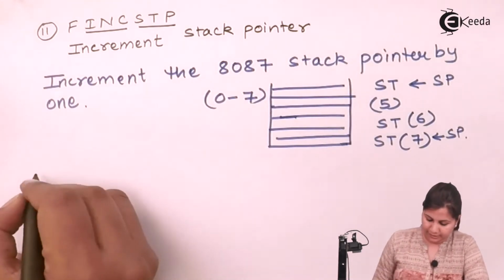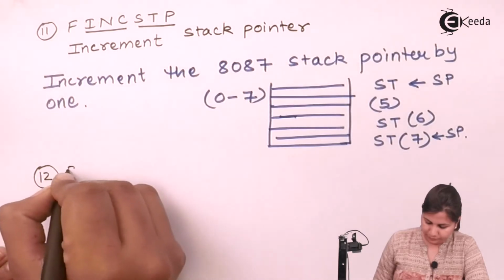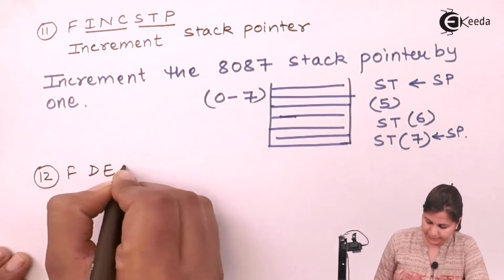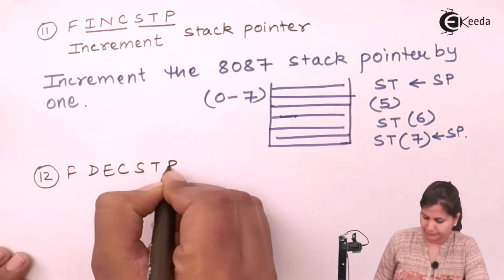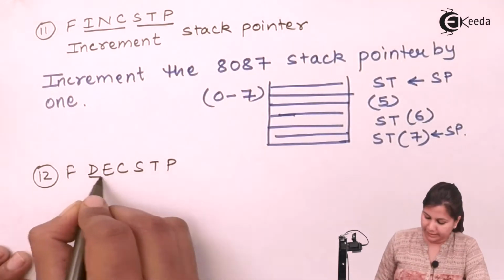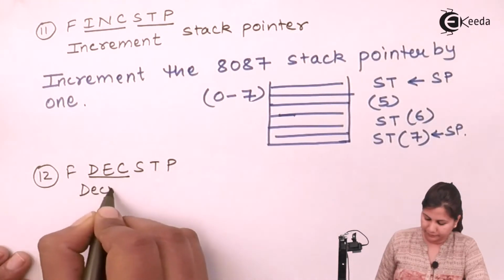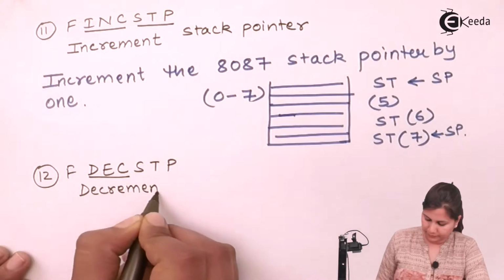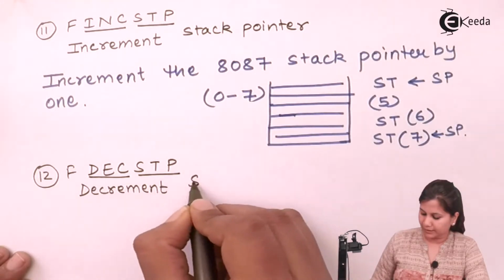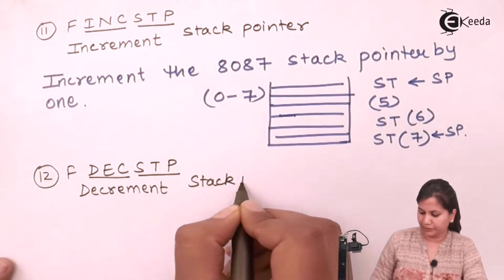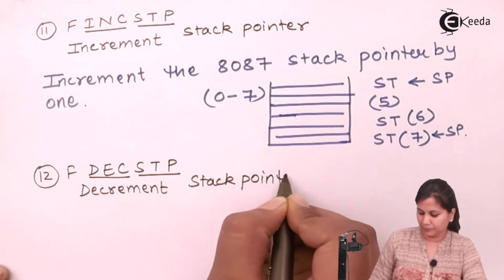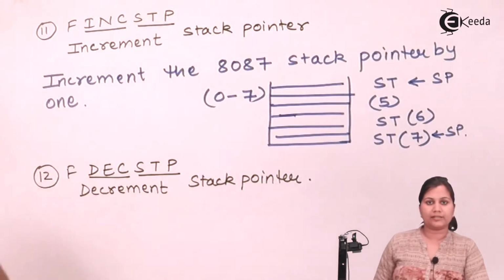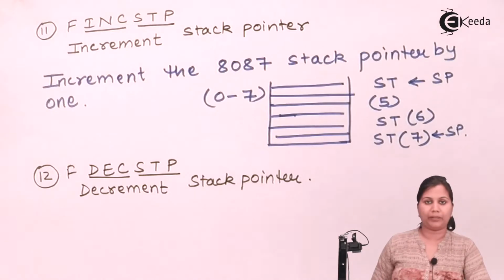Next instruction is FDECSTP. DEC is for decrement and STP is again for the stack pointer. So this instruction decrements the stack pointer by 1.